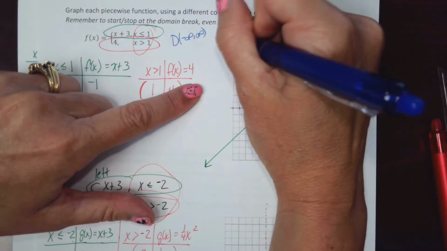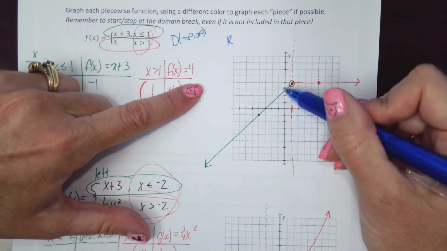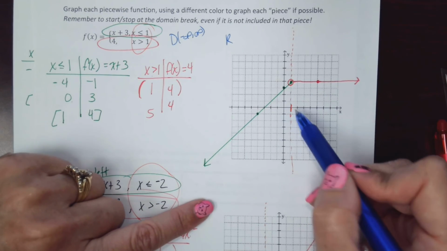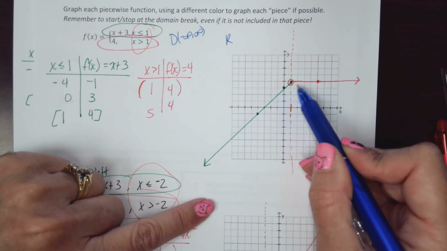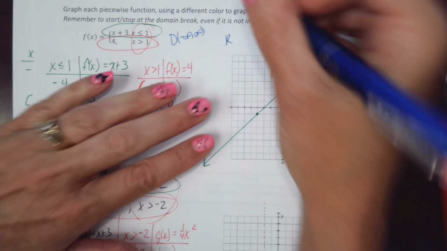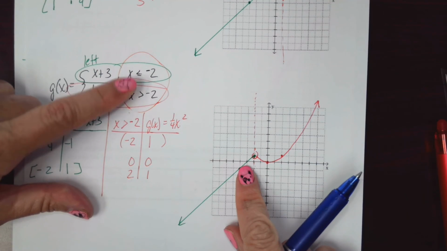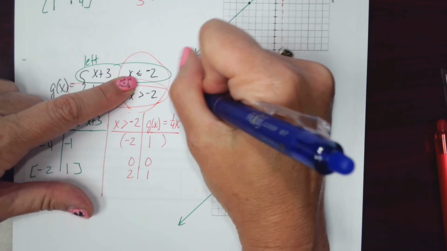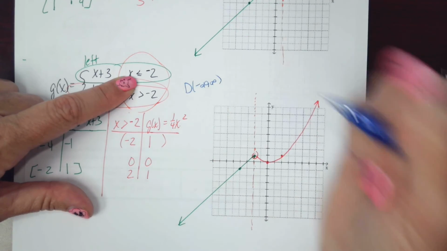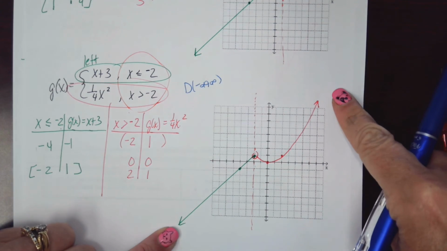My range here would be -infinity up to, what is that? 1, 2, 3, 4. My range would be -infinity up to and including 4. For this one, I've got a split at -2, but it's included, so my domain is all real numbers. My range is also all real numbers.